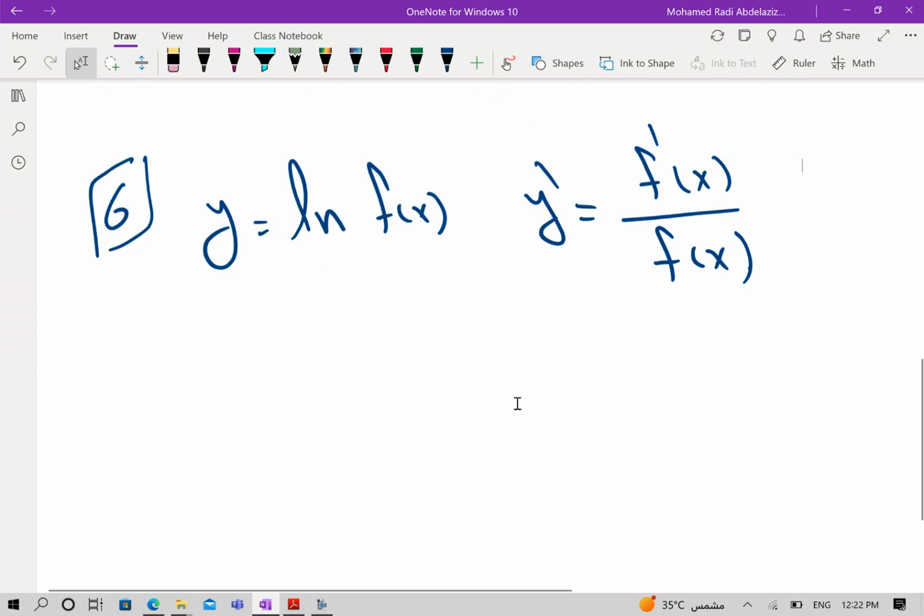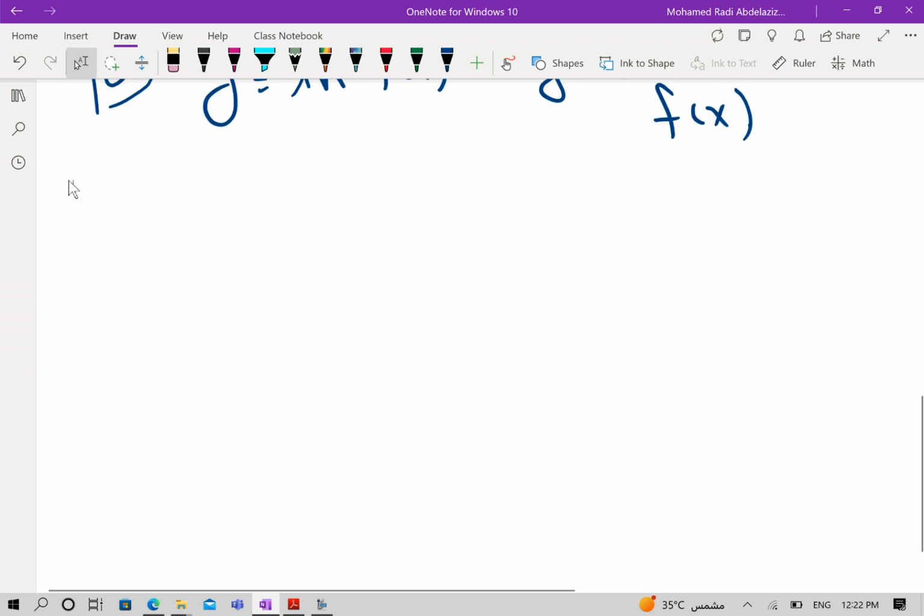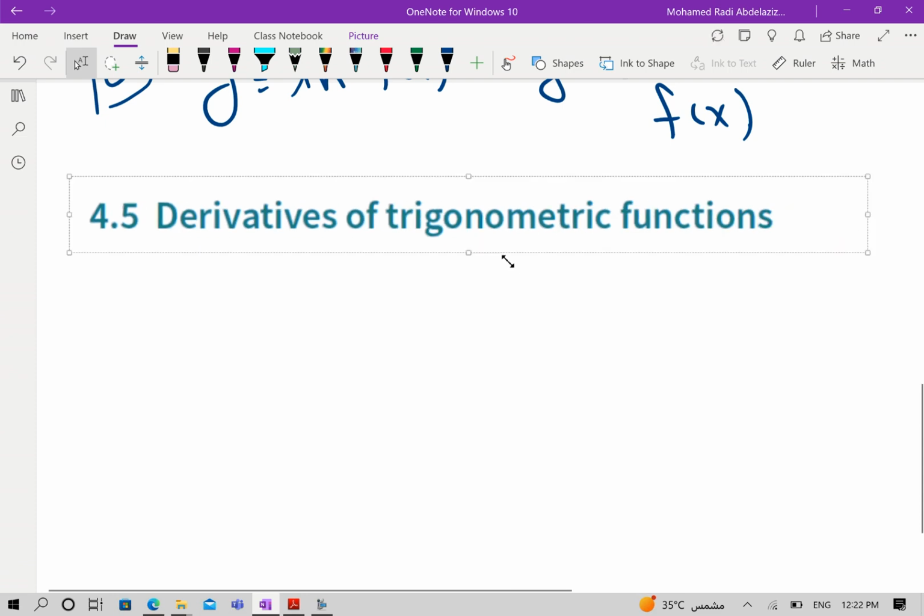Today, inshallah, we'll start to differentiate trigonometric functions. Start from sine, cosine, tan, cotan, sec, cosec. How to differentiate each?